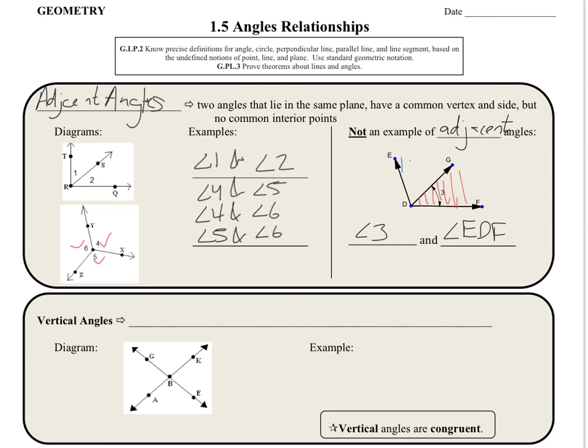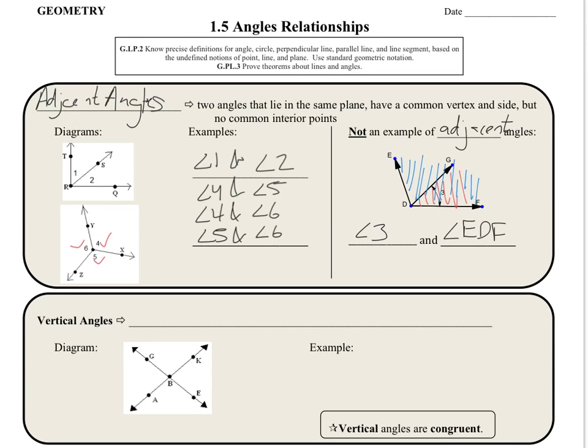So we see here they actually share a portion. So angle 3 is next to angle EDG. However, EDF and angle 3 are not examples of adjacent angles.